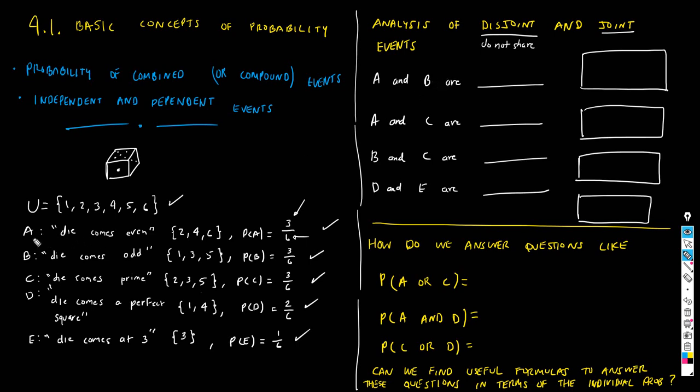So look at A and look at B and look at the individual outcomes that compose each of these events. They clearly don't share any outcomes. You see, all of these are even, all of these are odd. They don't overlap anywhere. They don't share any particular outcome, and so we say that these are disjoint. Let me write in capital letters: A and B are disjoint events.